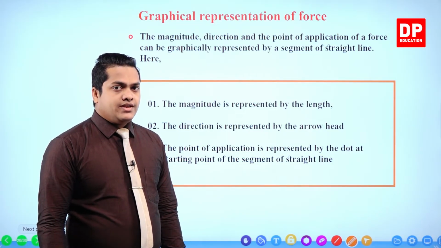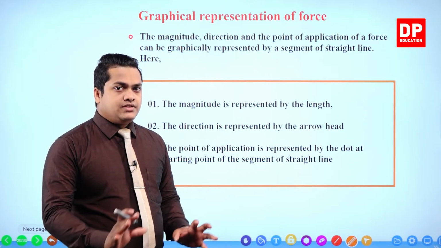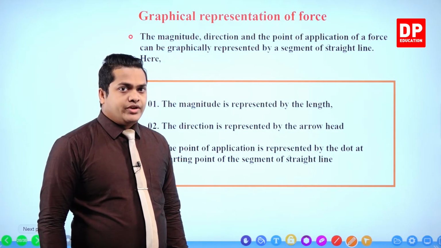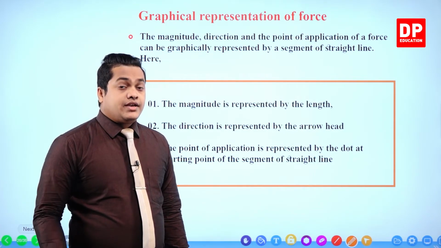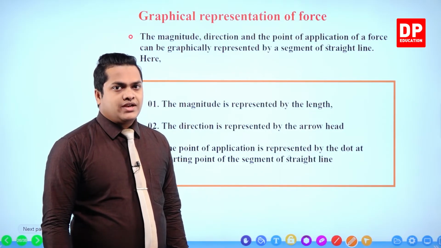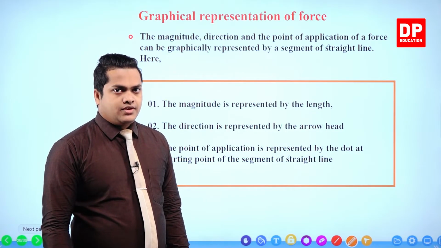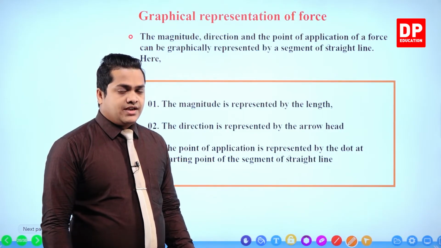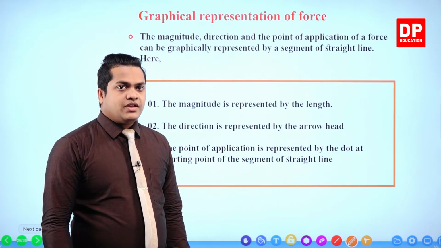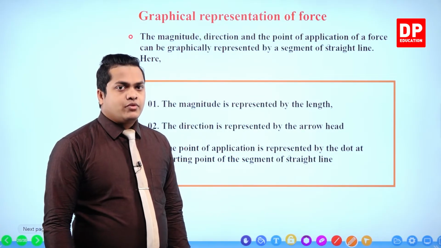If you want, you can increase the scale as well, like 1 centimeter is equal to 5 Newtons. In that case, if you want to indicate 10 Newtons, you just draw a 2 centimeter line. Okay, if 1 centimeter is equal to 5 Newtons, then you just need to draw a 2 centimeter line to indicate 10 Newtons of force.